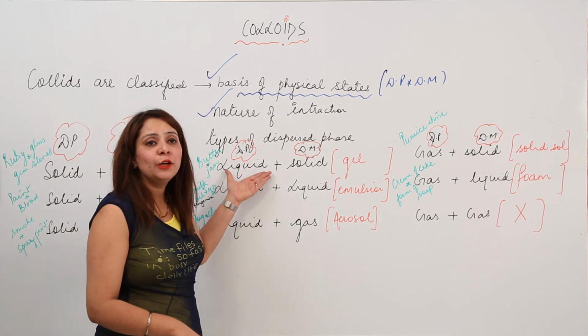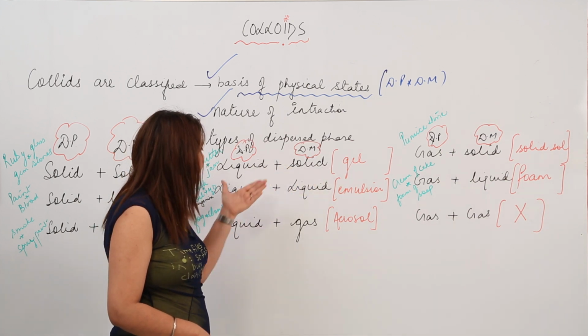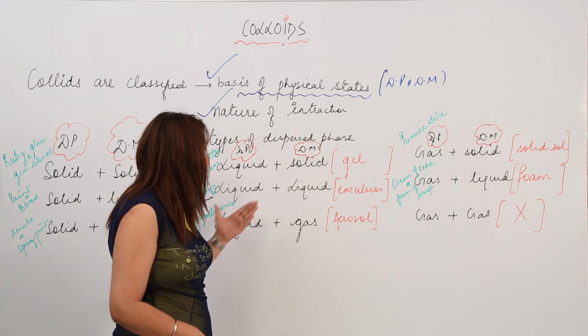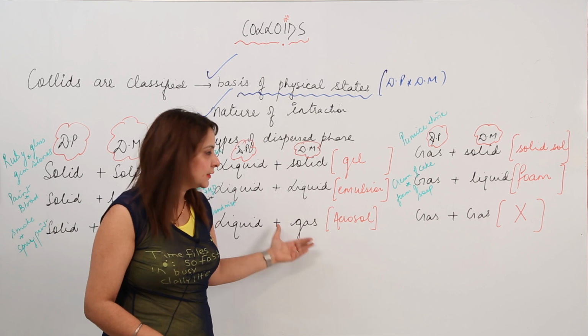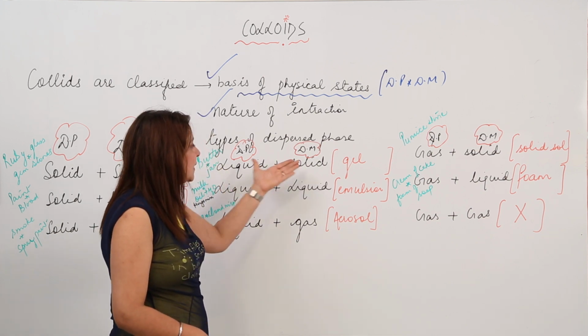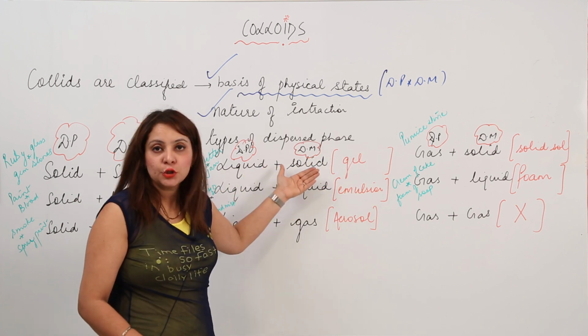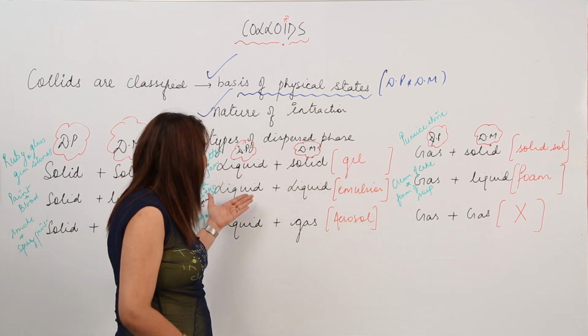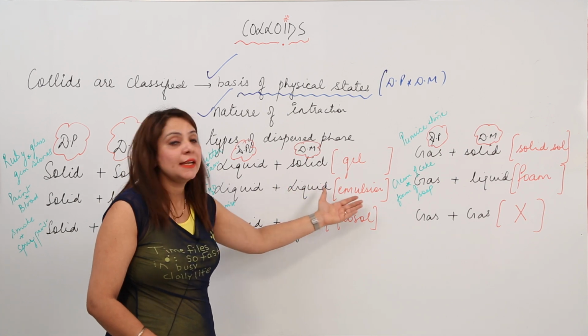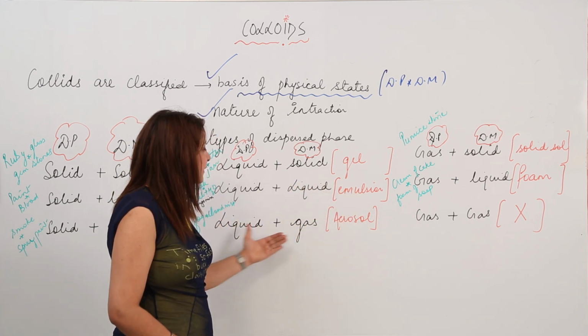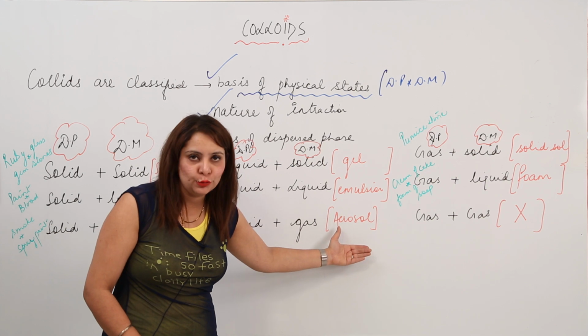Likewise, we have liquid particles suspended in solid, liquid particles suspended in liquid, and liquid particles suspended in gas. When liquid particles are suspended in solid, we call it gel. Liquid particles suspended in liquid is emulsion, and liquid particles suspended in gas is nothing but aerosol, right.